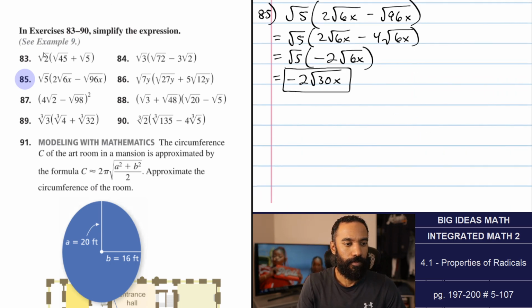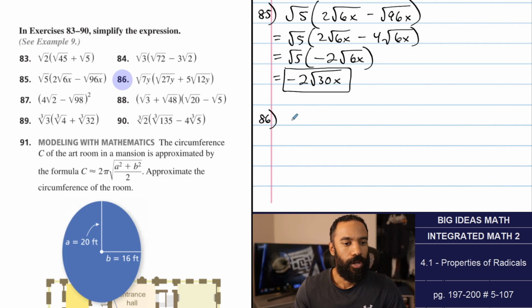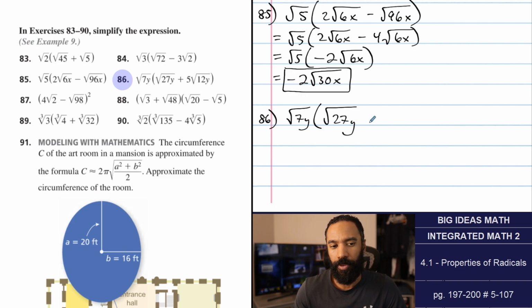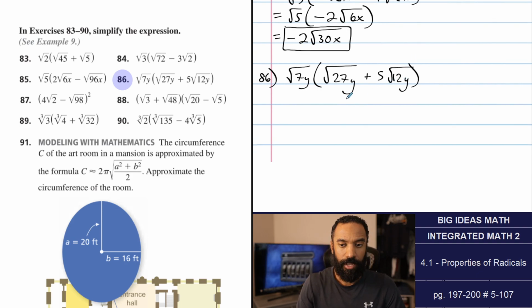Number 86. Root 7y times root 27y plus 5 root 12y. Okay, I'm smelling both need to be simplified. Let's see where we go with this.